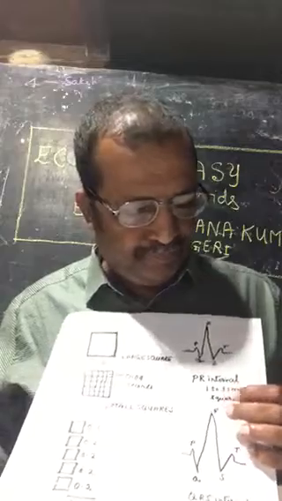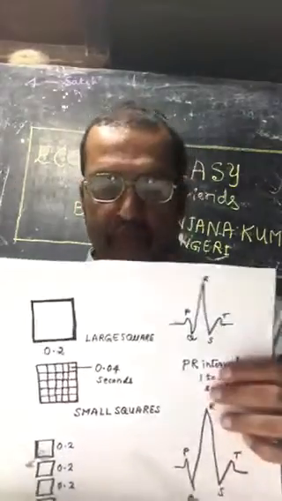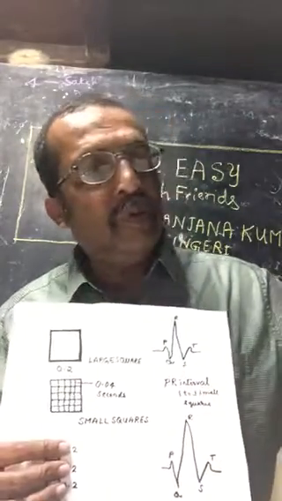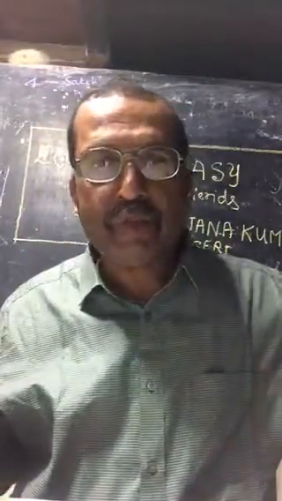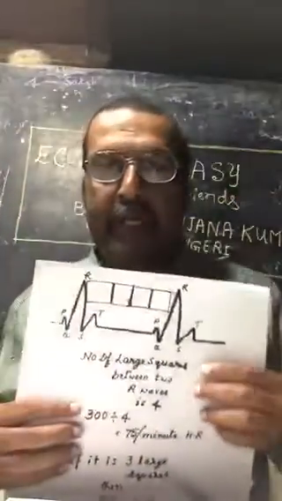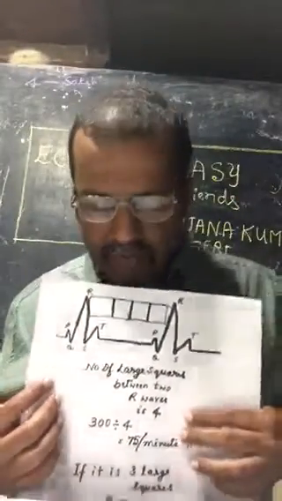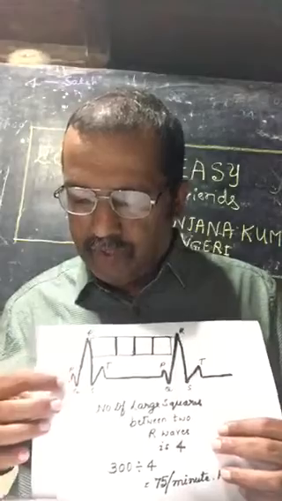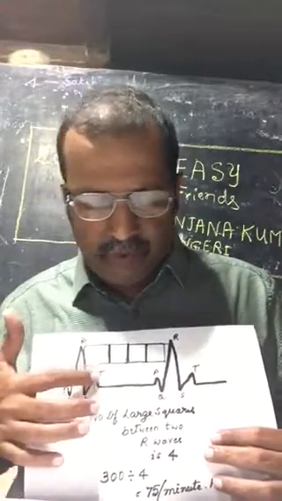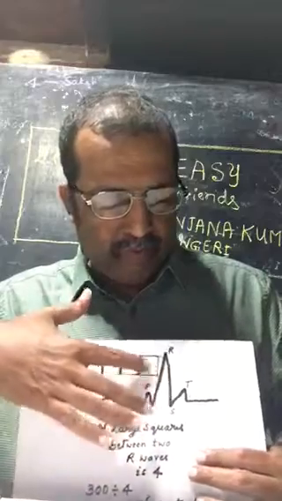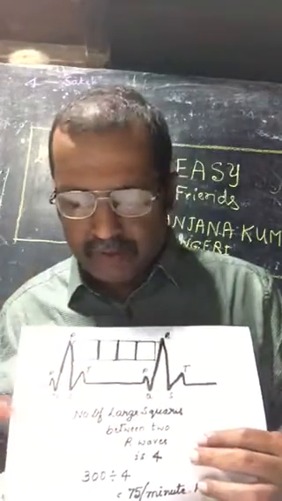Now, you should know the calculation of heart rate. We have got P wave, Q wave, R wave, S wave, T wave, P wave, Q wave, R wave, S, T, like that.